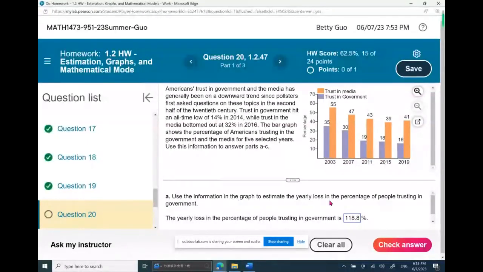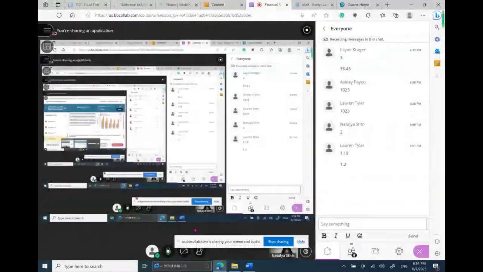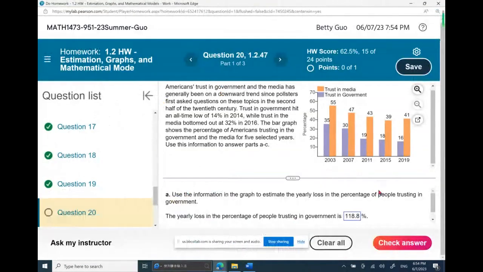Use the information graph to estimate yearly loss in percent of people trusting in government. Choose the percentage used. How do I know the answer?